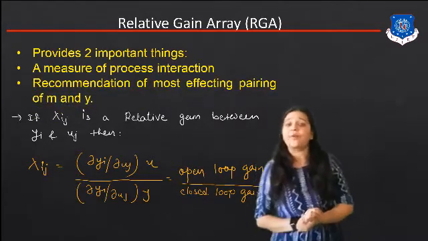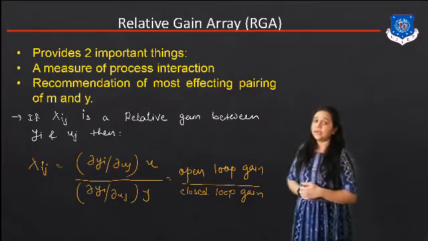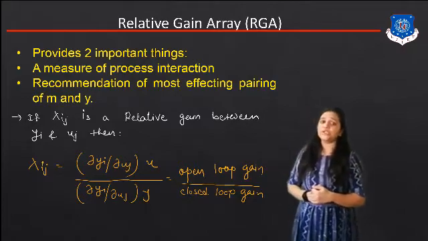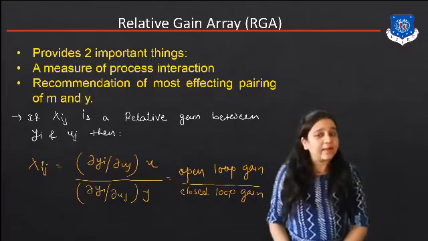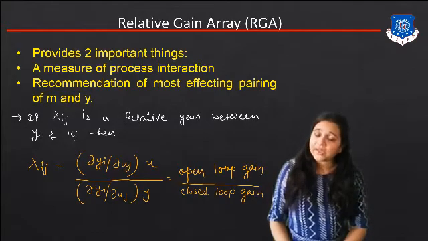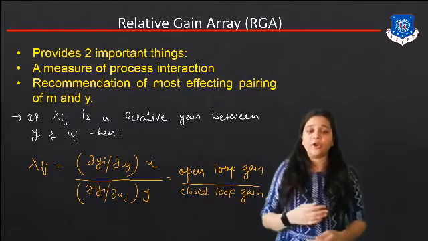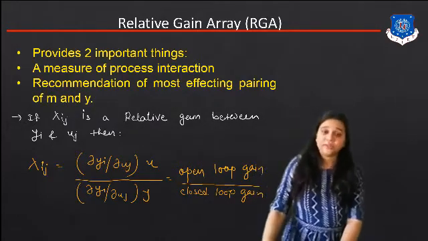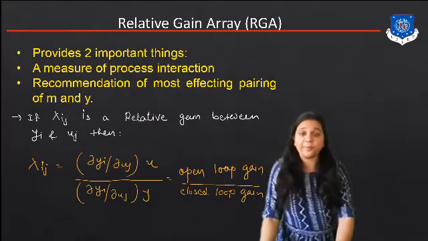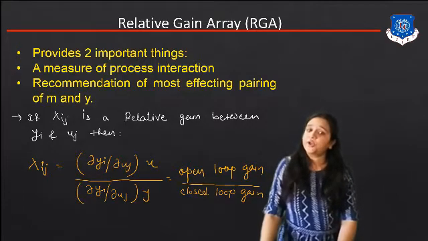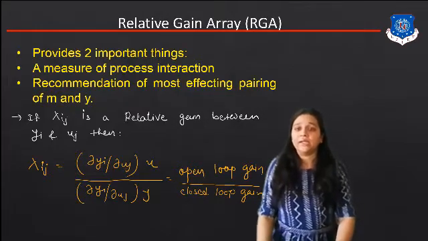It provides two important things: a measure of the process interaction and a recommendation of the most effective pairing of M and Y. As we discussed in the last session, there are different types of MIMO systems in control systems, so we can change the pairing of the manipulated variable and the control variable. Which pair is best for a particular system, we have to identify using the relative gain array.